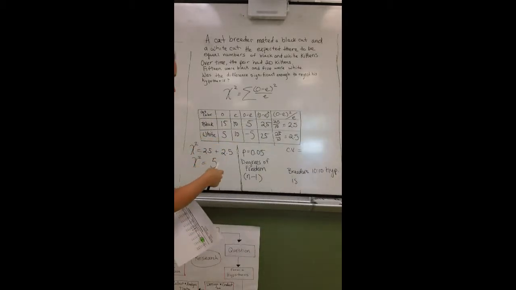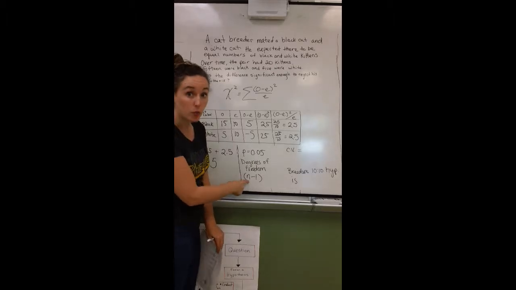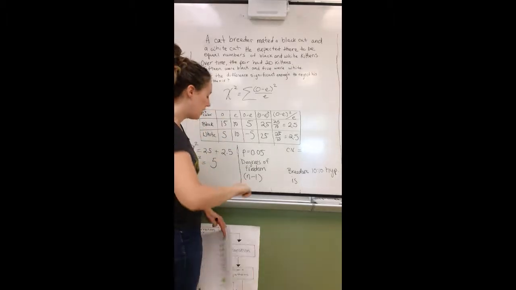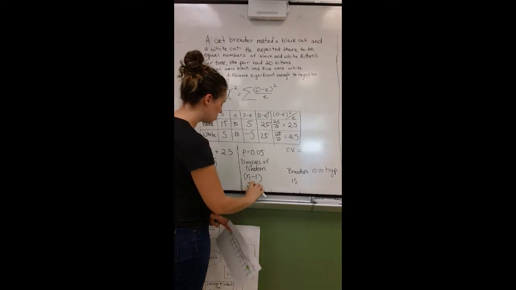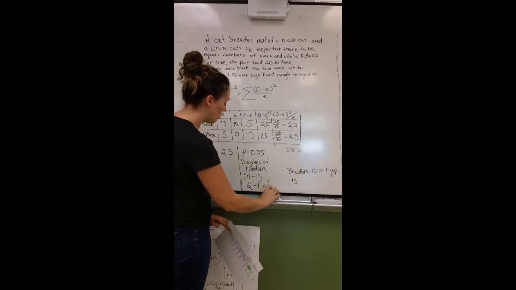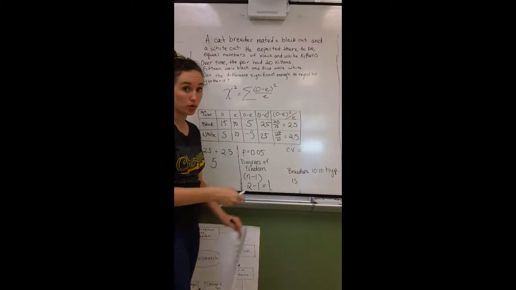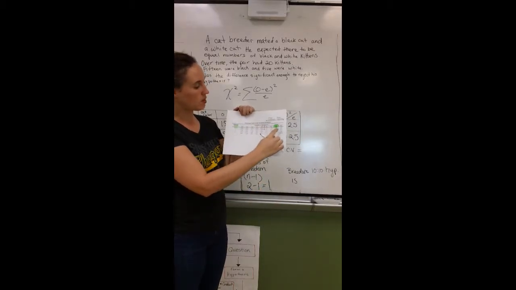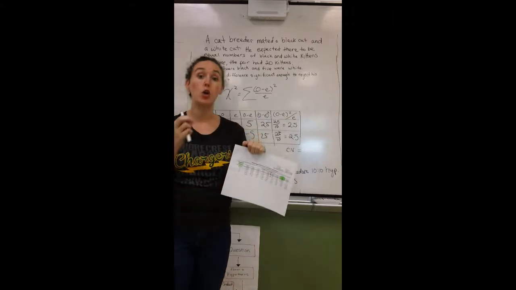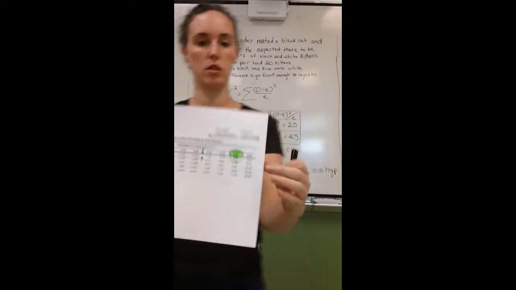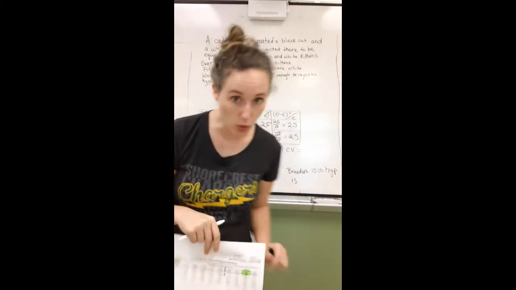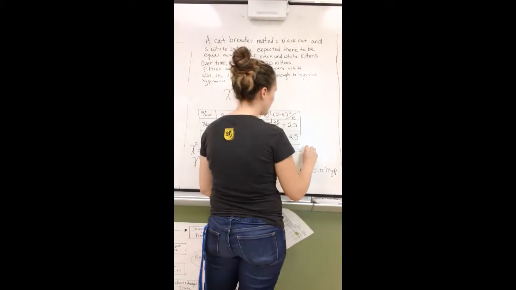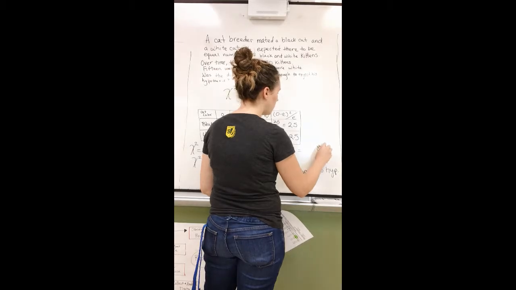The way I figure out degrees of freedom is I take the number of groups I have, which is 2, black cats and white cats, and I subtract 1. 2 minus 1 equals 1. So I have 1 degree of freedom. That's the row I'm going to use when I go over. And that critical value that's found, I believe you can see this right here, is 3.84. So the critical value is 3.84.